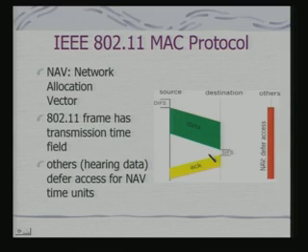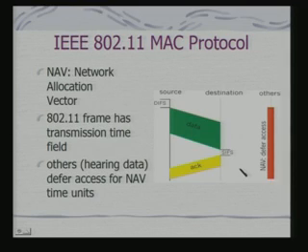Now, what will the others do? Others will defer, that is, on hearing the data, they defer access for a certain NAV time units. This NAV time unit is called network allocation vector. This network allocation vector is associated with the nodes, and they provide for this deferring time period.